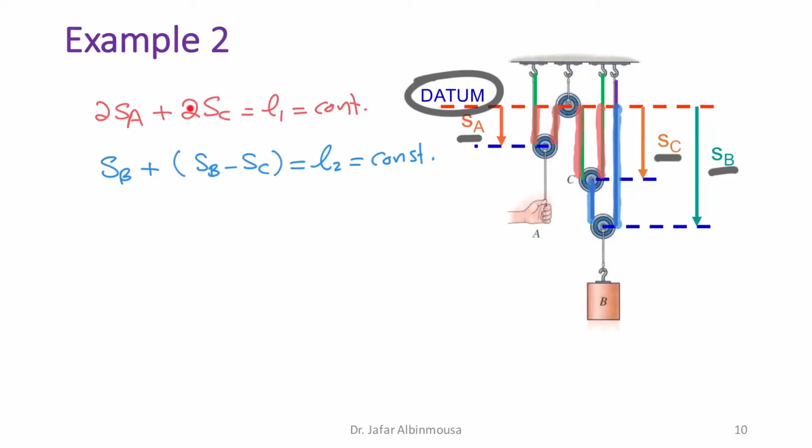So what do I do? I just eliminate SC from the two equations. So what I will get is 2SA plus 4SB equals L1 plus 2L2.